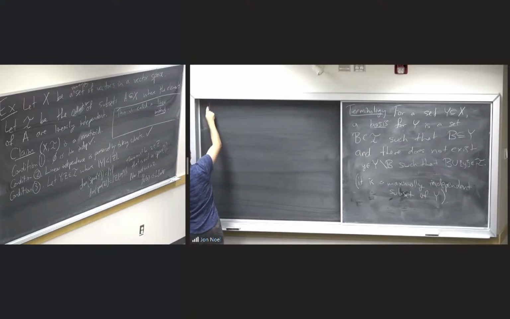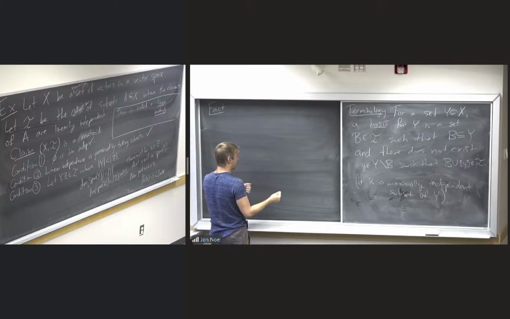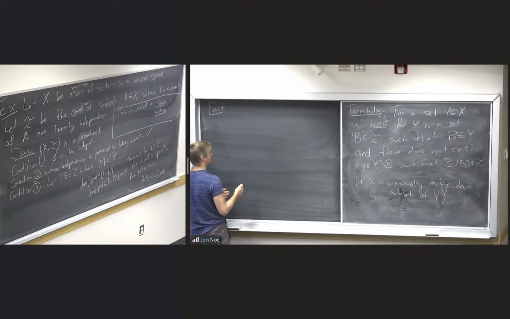So here's a first fact, which kind of generalizes things you've seen in linear algebra. You know that if you have a vector space, all the bases have the same size, right? In the same way, in a matroid, for any subset y, all the bases for y have the same size.